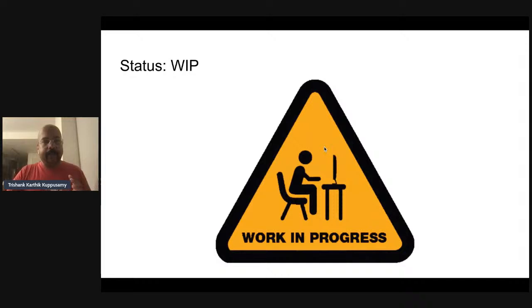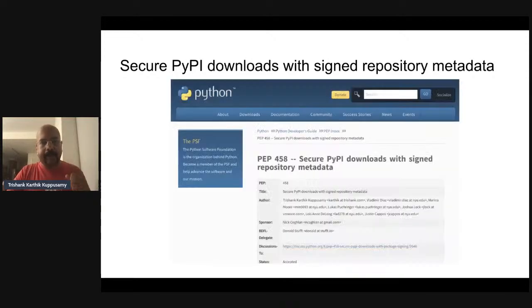And the status now for this PEP, I'm very happy to say, is that it's a work in progress. Thanks to some funding from Facebook and other people, Mozilla also, I believe. I'm sorry if I got the names wrong. But basically, thanks to some generous sponsors, this PEP has been under implementation since actually last year, since the beginning of the pandemic. That's right.